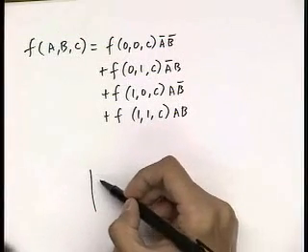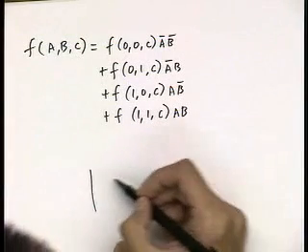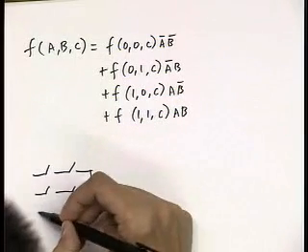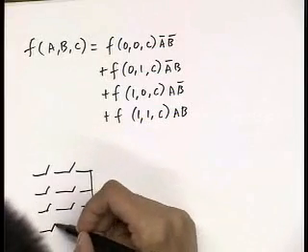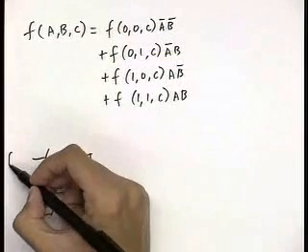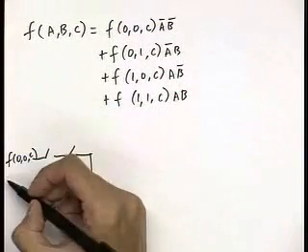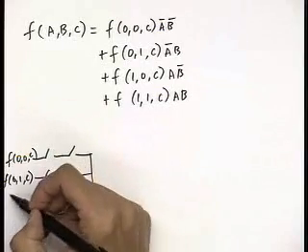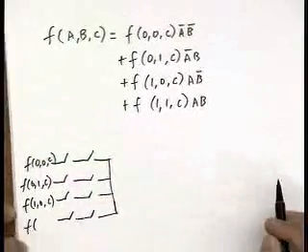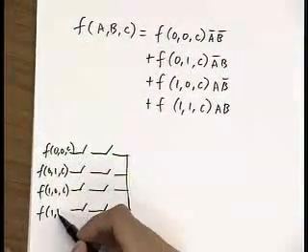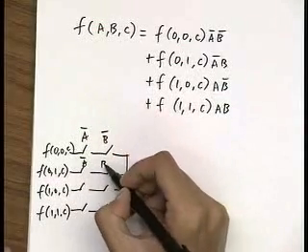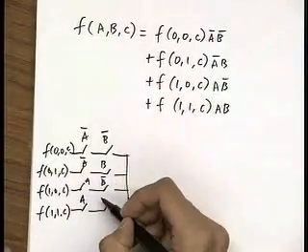So if you have a multiplexer here, or let's just draw that in switches. Okay, so this would be f of 0, 0, c, f of 0, 1, c, f of 1, 0, c, f of 1, 1, c, and this would be a bar, b bar, a bar, b, a, b bar, a, b.